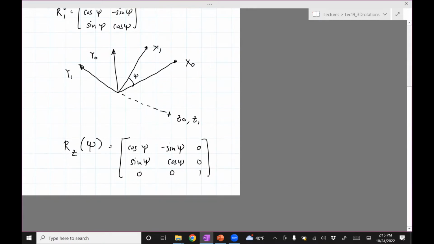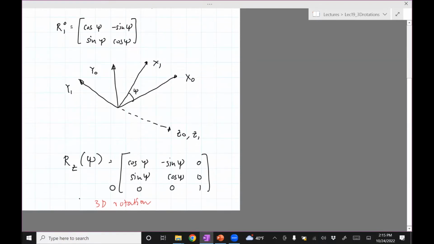Okay, so this is a 3D rotation. It's the same as the one we wrote before, except with that last row added to it. Now, this is the rotation about the z-axis.